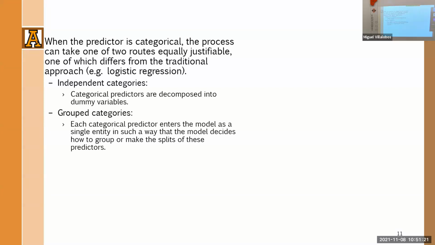The other case is when we handle the categorical variables as grouped categories. In this particular case, each categorical variable enters just as it is, if it has 5 different categories or whatever. And then the algorithm will start grouping categories depending on how the splits are working when we're building the tree.